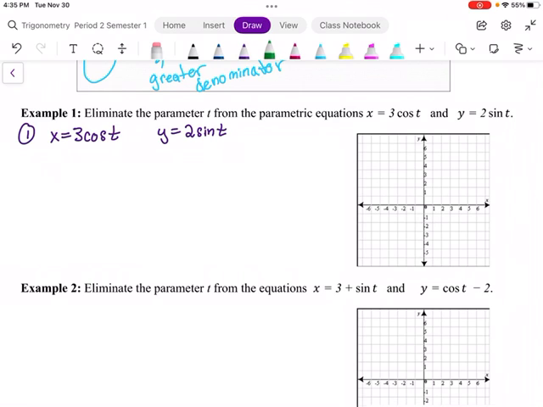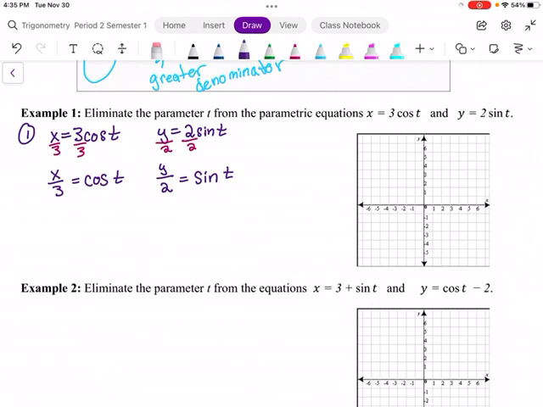For our first one, that means we're going to divide both sides by 3. And we get x over 3 equals cosine of t. For our second one, that means we're going to divide by 2. And we end up with y over 2 equals sine of t.